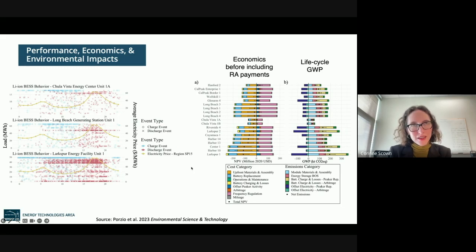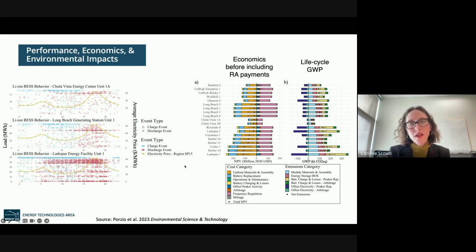The caveat is that each facility will negotiate resource adequacy payments, which are basically power generators getting paid to exist. And you can stack those with other things like frequency regulation. So depending on whether the battery gets paid more than the peaker power plant was getting paid, these dots could all shift up. It could make more economic sense.